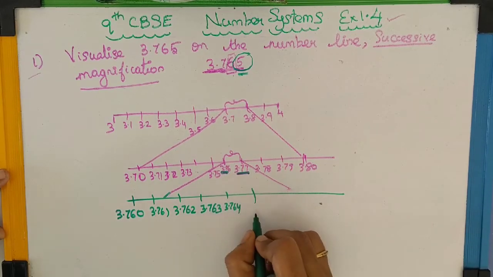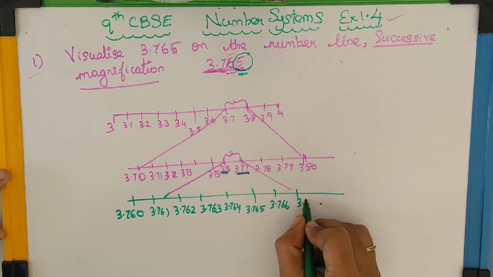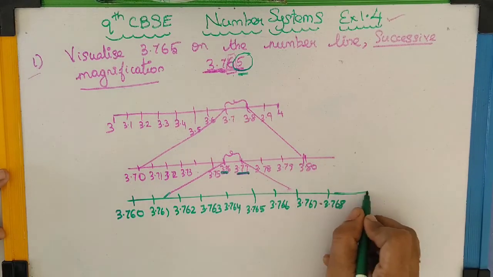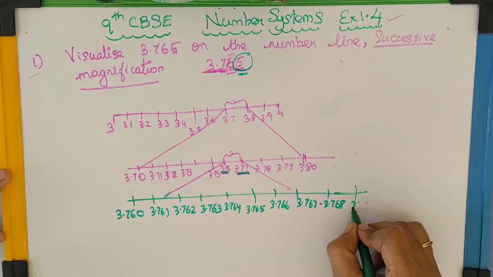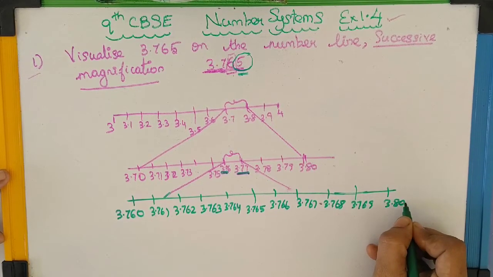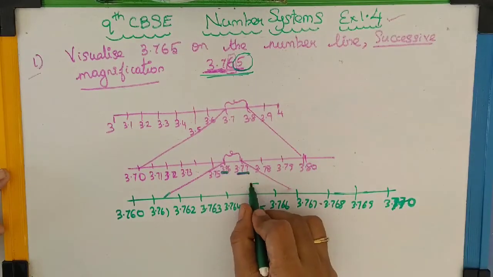So 3.761, 3.762, 3.763, 3.764, 3.765, 3.766, 3.767, 3.768, 3.769 and 3.77. Now, exactly, we have found where 3.765 is.